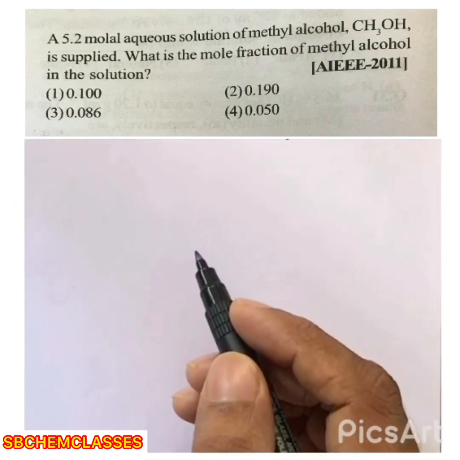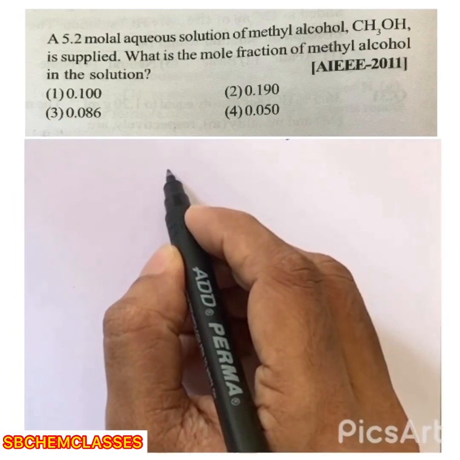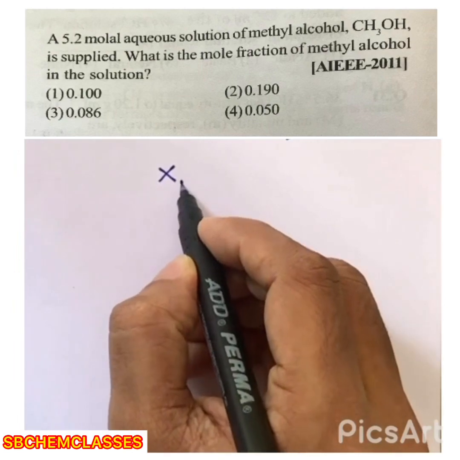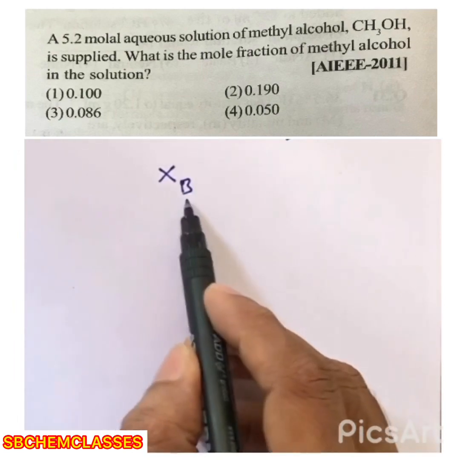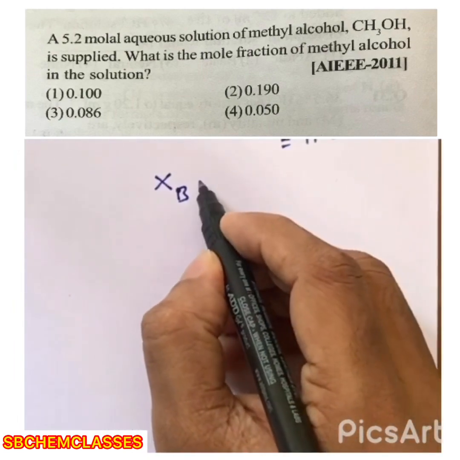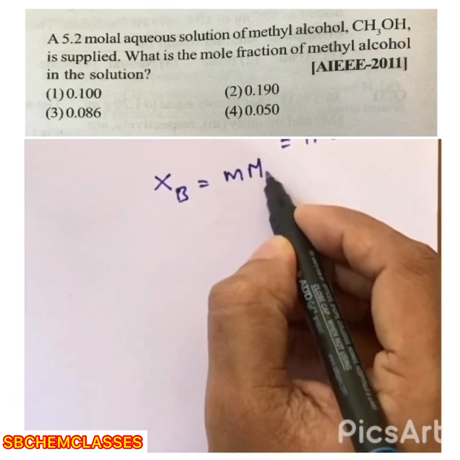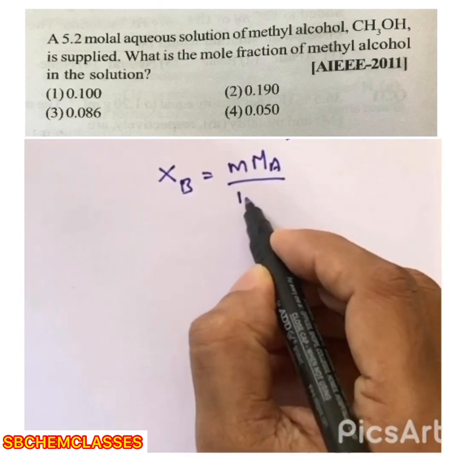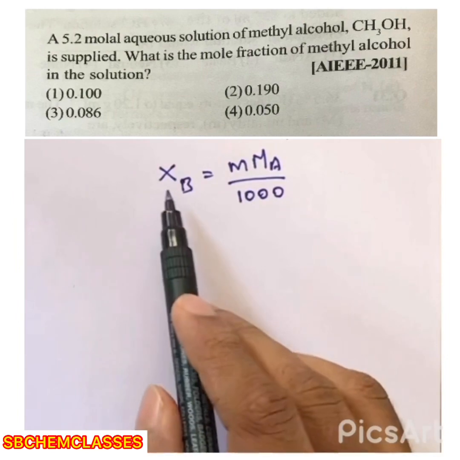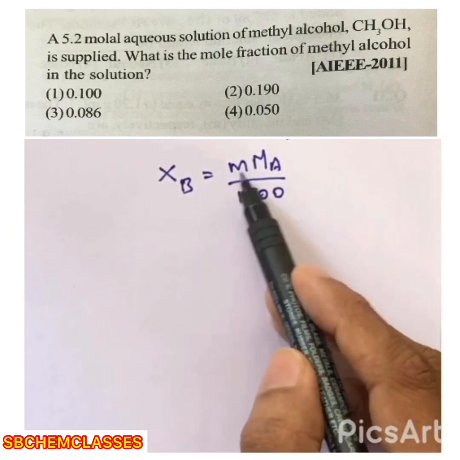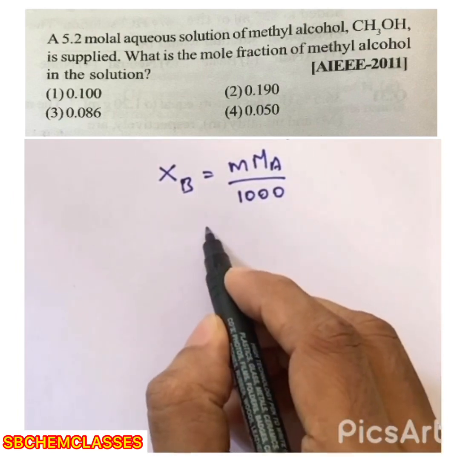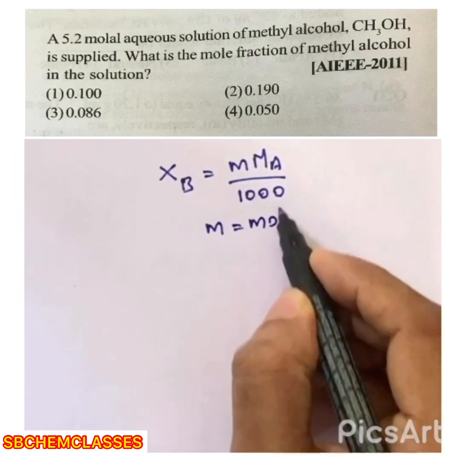In this section, we have to study one equation. Mole fraction of solute, chi b, is equal to m into Ma by 1000. What is m? That is molality.